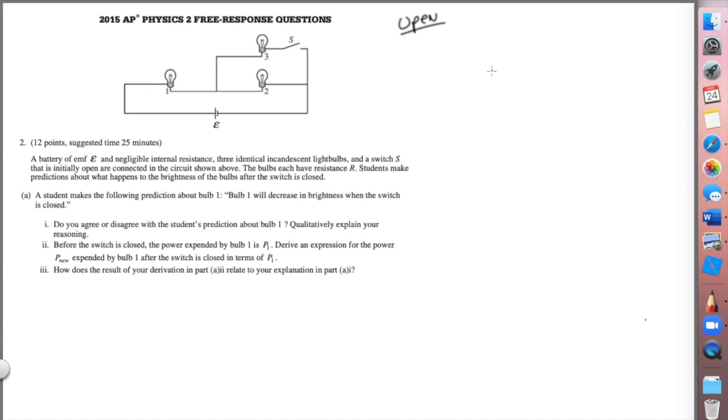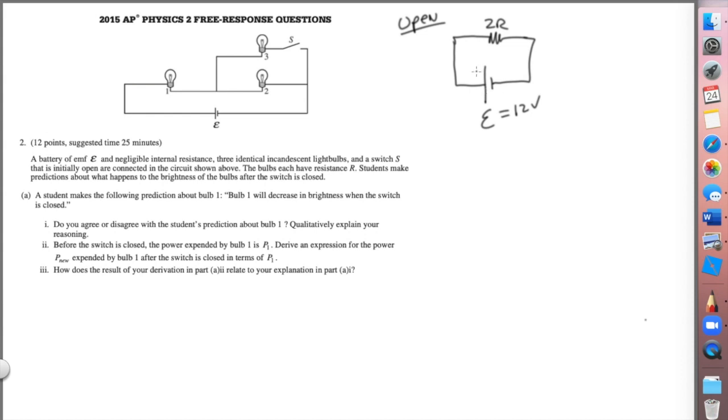Our simplified circuit for when the switch is open has bulb 1 and bulb 2 in series. So that's going to give a total resistance of 2R with a voltage of E. Now, let's just say, for example, this is a 12-volt battery to make up an example.